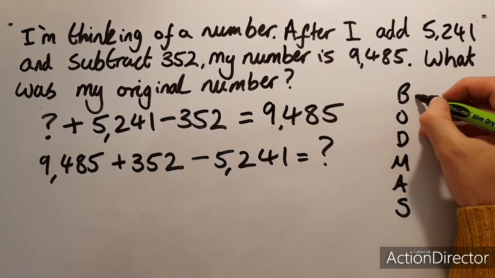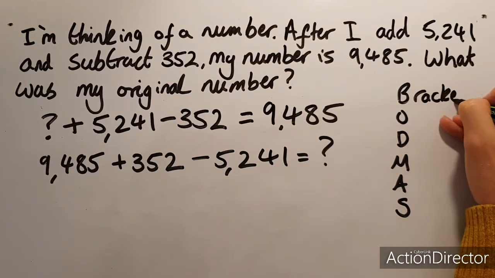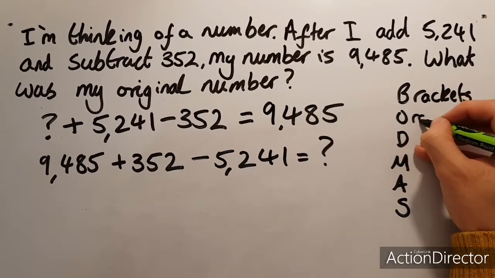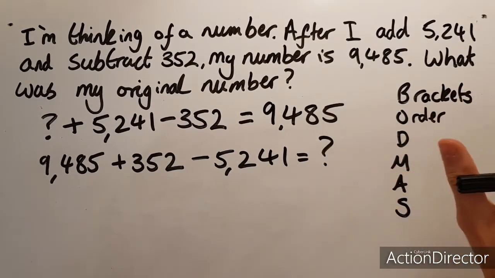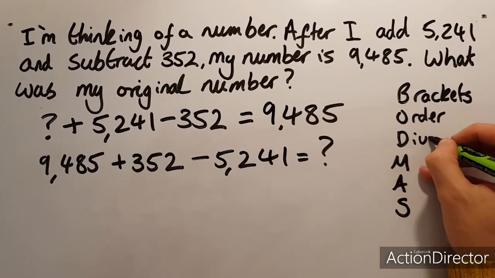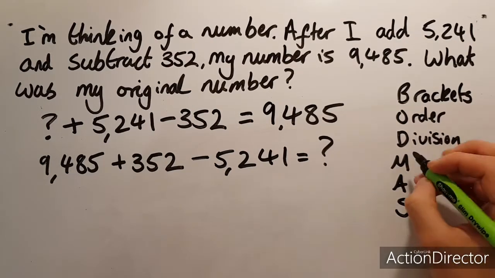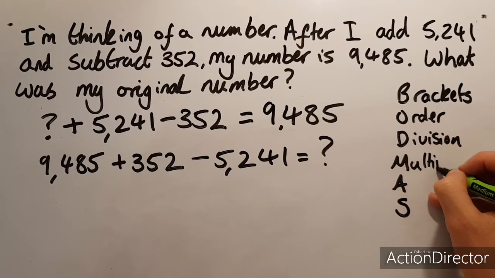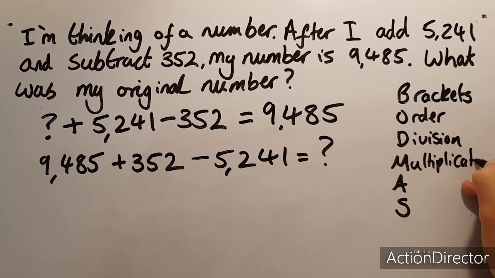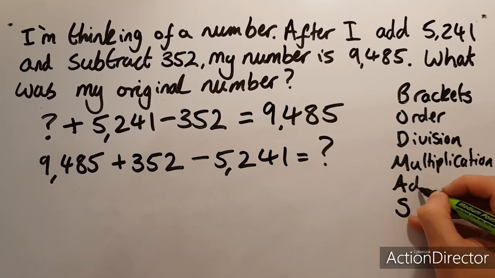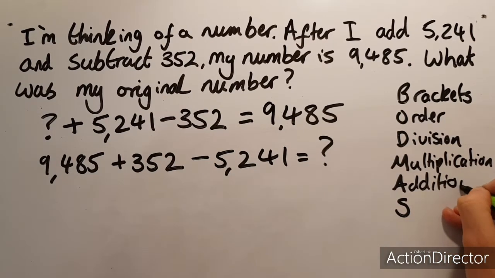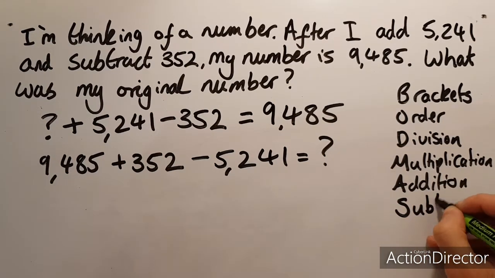B stands for brackets, so anything in brackets you do first. O stands for order, and that's anything to do with powers, so squared numbers, cubed numbers, or the power of numbers. D is for division, so you do division afterwards. M is for multiplication. A is for addition. And S is for, you've probably guessed it, subtraction.